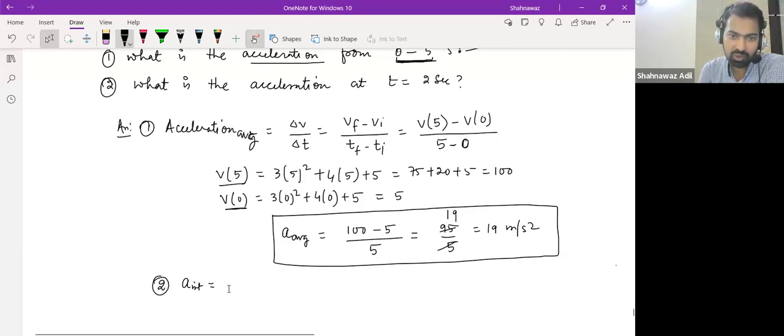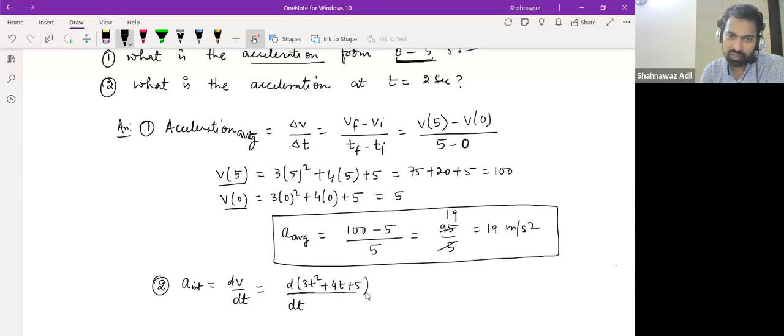So what will we use here? We know v. v is d by dt of 3t square plus 4t plus 5.